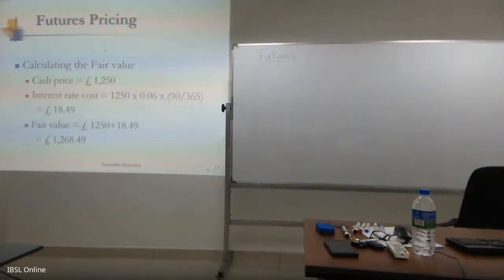If our benefits are higher than the cost, we pay less in the future. In the dollar yen transaction, our benefits are more than the cost. That's why we pay less, and that's why it's at a premium. Yen is at a premium in the dollar yen transaction. In dollar rupee, rupee is at a discount.